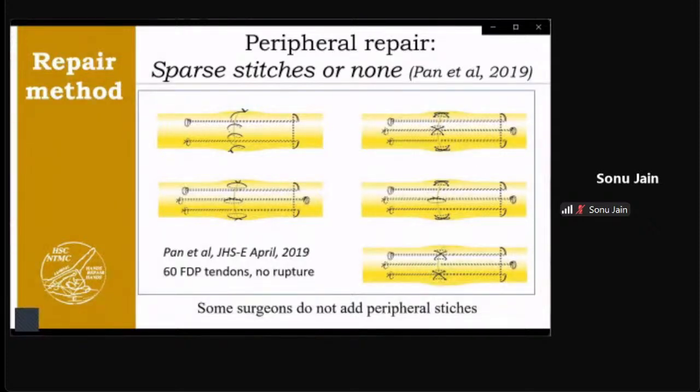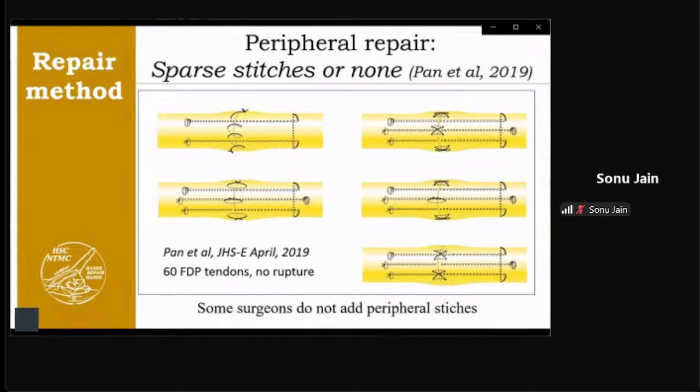If there is no gap seen, you do not need any peripheral suture. In fact, some surgeons in Switzerland, Europe, and the UK do not use peripheral suture. I always use 2 or 3 if I see a big gap, to make it closer.